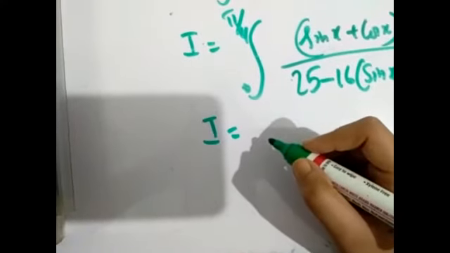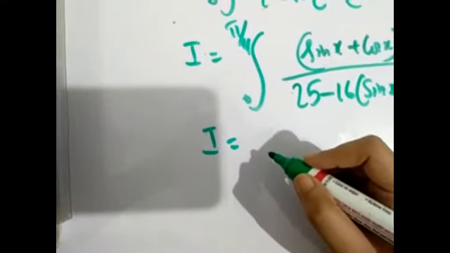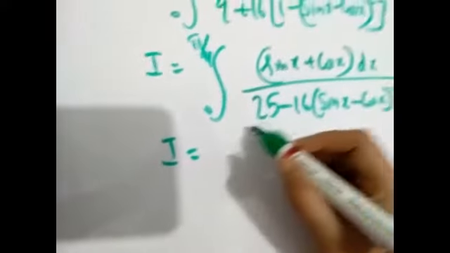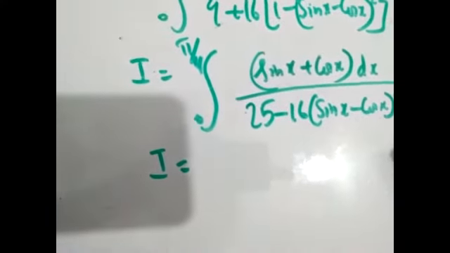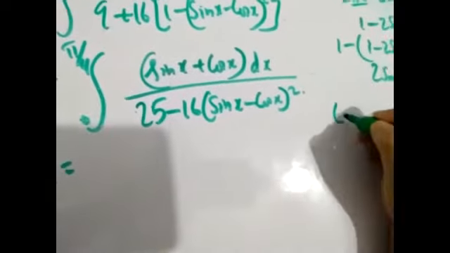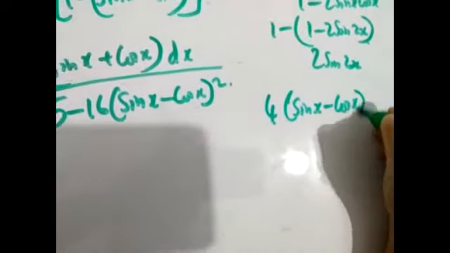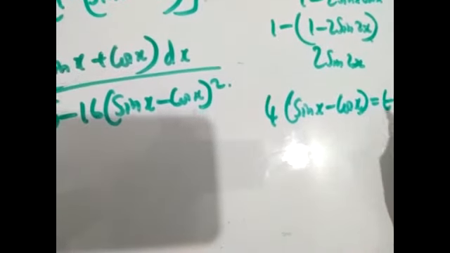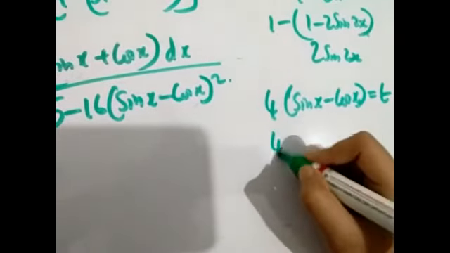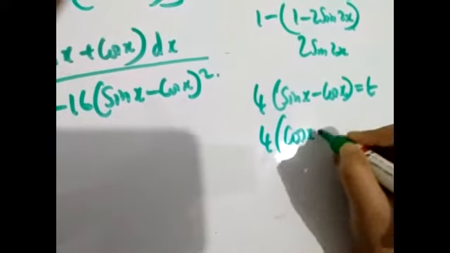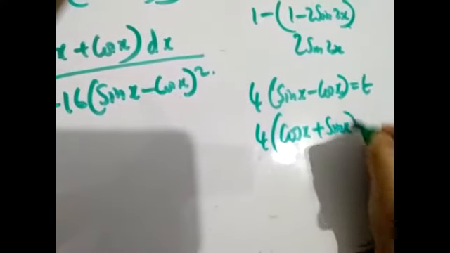Now I can write it as what? So here what I take right now is, I'll take 4 (sin x minus cos x) to be t. So I'll get 4 (cos x plus sin x) dx equal to dt.